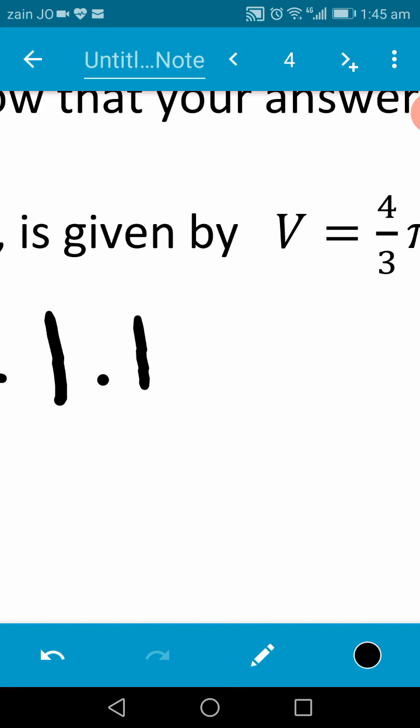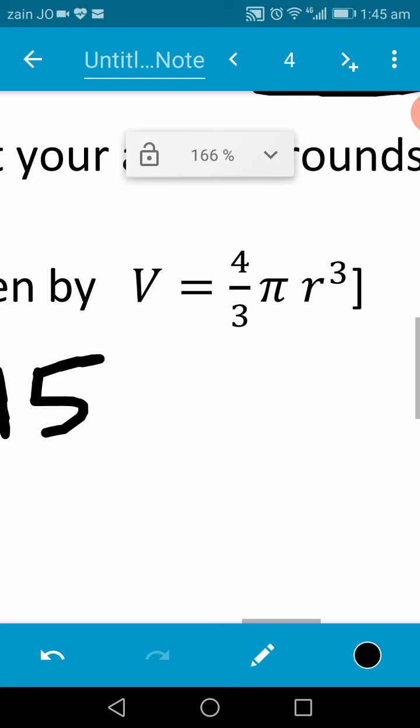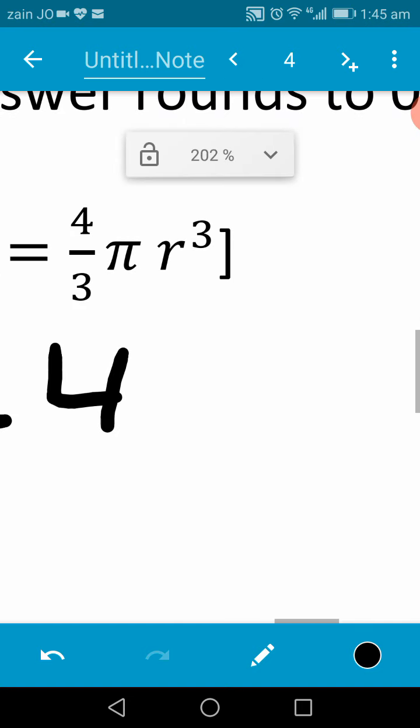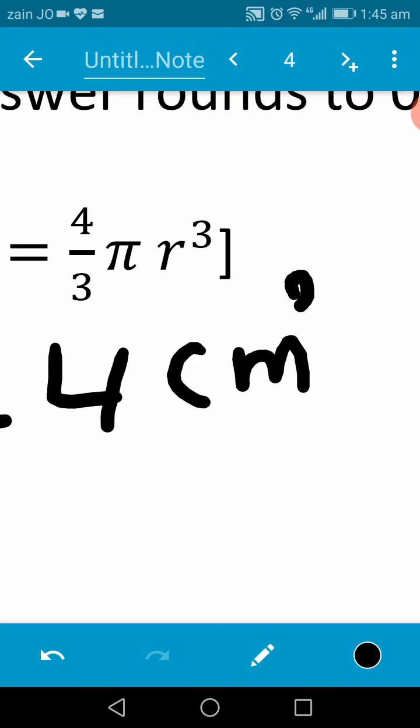The volume for one sphere equals 1.1524 centimeter cube. Be careful here, because we will rely on this.